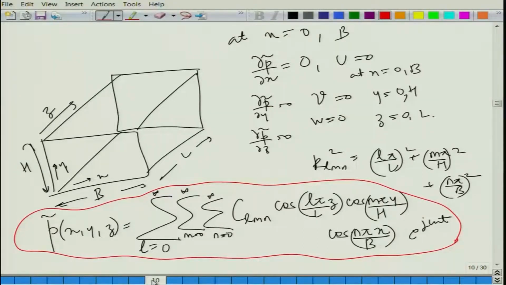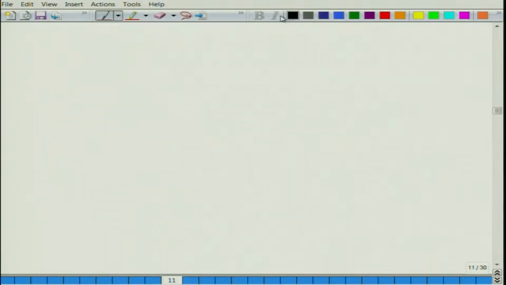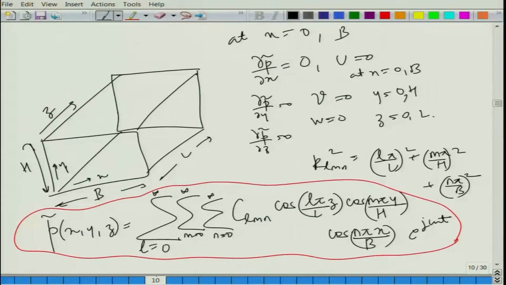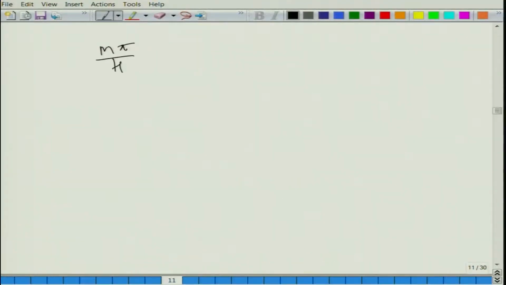So, obviously, if you operate del square by del x square upon this term, you are going to get back cos, but with the minus sign. So, we will get minus m pi by h whole square. Okay. So, you are going to get, sorry, this is not, I am sorry, n pi by b.